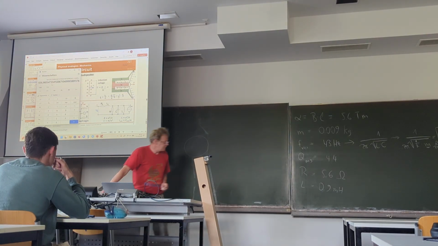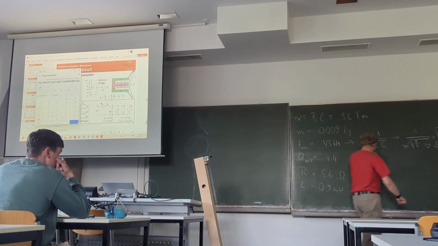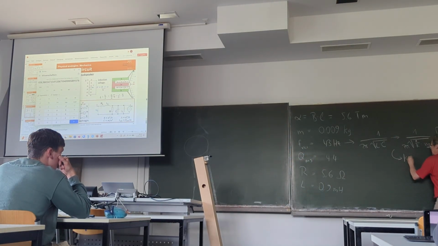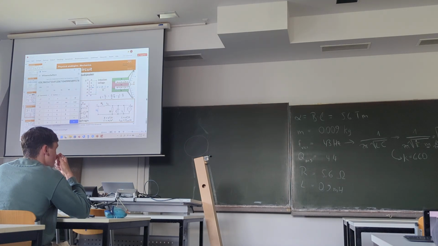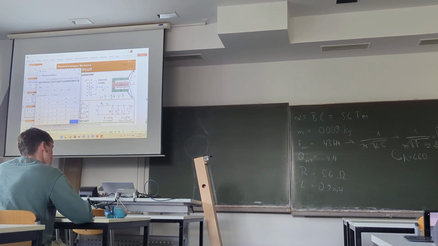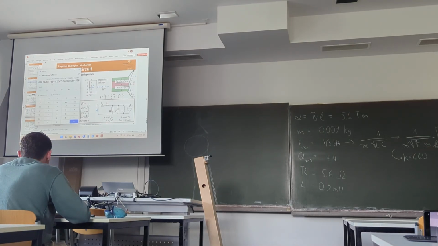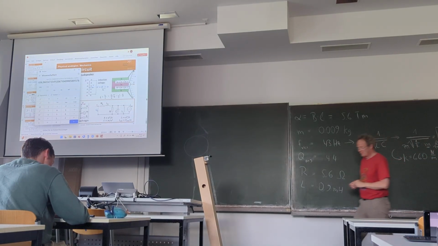Okay, 660. So this is what we can calculate. Well, and the units: we need a certain force for a certain elongation, so newtons per meter should be the unit.